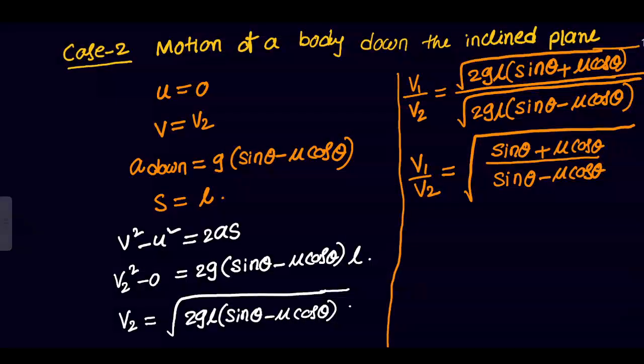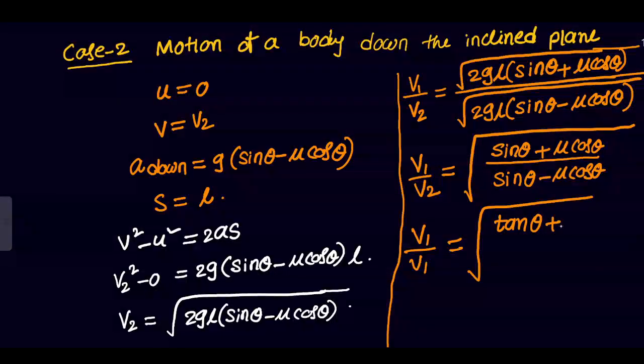Now divide the numerator and denominator by cos theta. Then v1 by v2 comes as sin by cos, that is tan theta, plus mu, by tan theta minus mu.